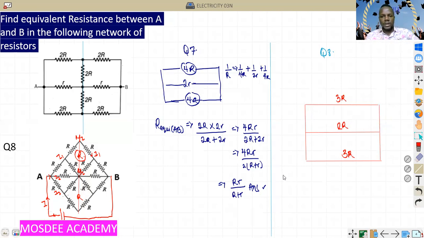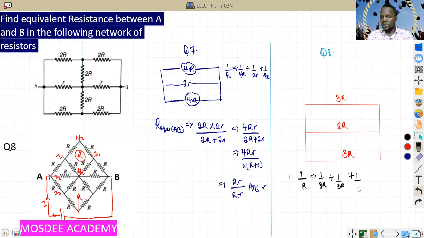Let's do it together. So directly we can say 1 over R total. I can say 3R is going to give me 3 over 2R. Or basically, let's use the basic way, 1 over R total will give us 1 over 3R plus 1 over 3R plus 1 over 2R.